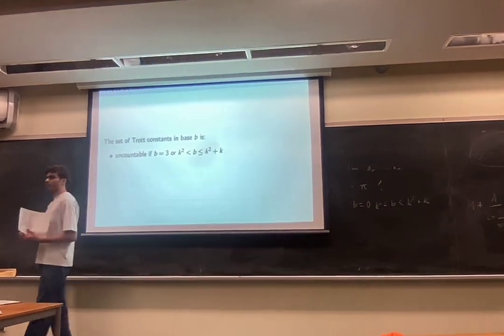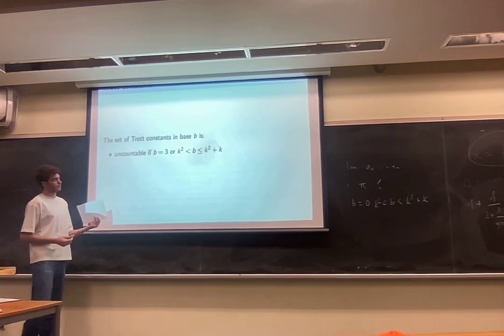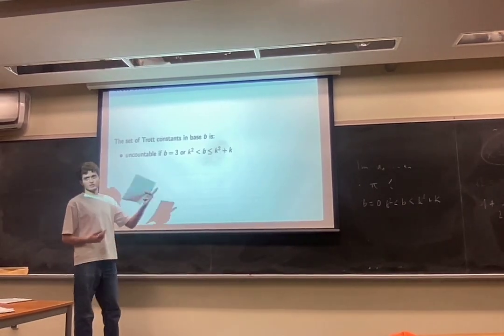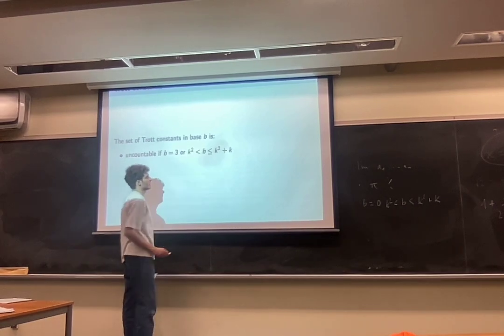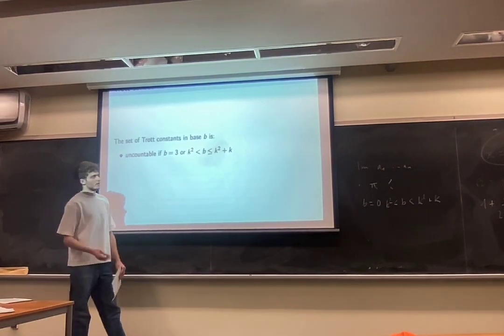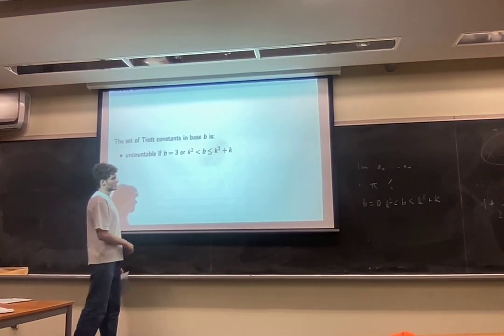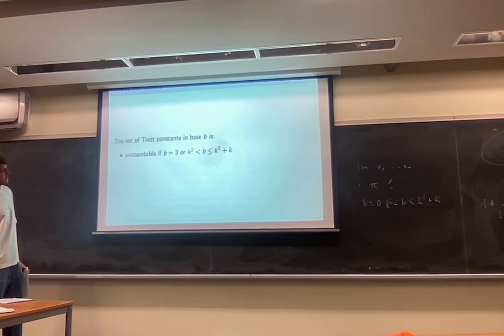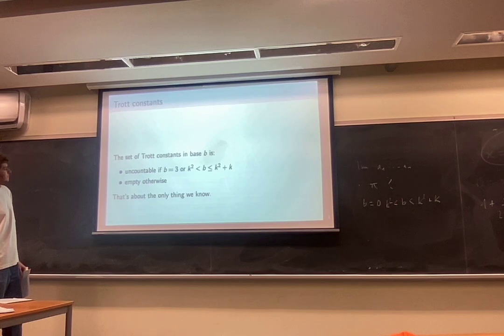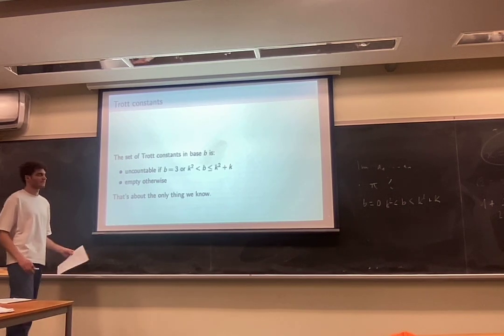Notably, in all the bases we care about, it is uncountable. It's true in base 3, it's true in base 2 as well, since base 2 is between 1 and 2. It's true in base 10. It's true in base 12, which is superior to base 10. And in all other bases, the set of Trot constants is empty. And that's about the only thing we know.